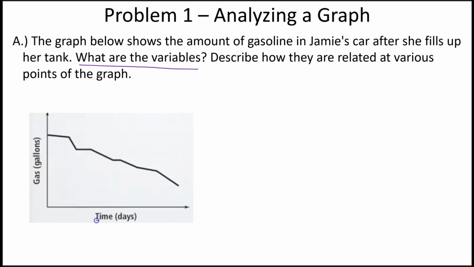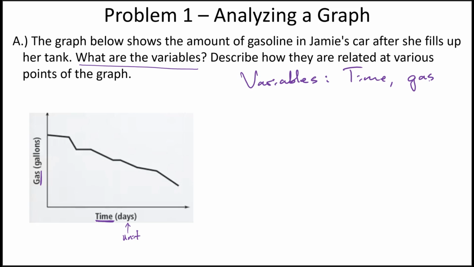In this case we have time and gas. In parentheses is the unit of time and the unit of gas, but our variables are time and gas. Those are the variables being related in this situation.